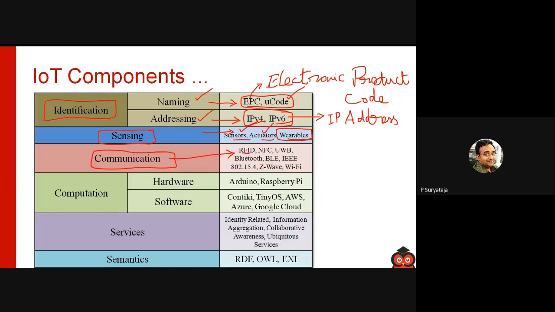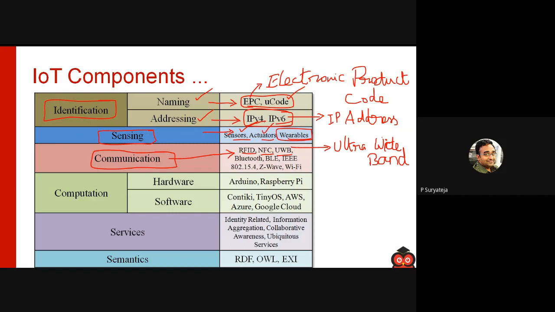We can use RFID or we can use NFC. NFC means near field communication. Or we can use UWB. UWB means ultra wideband. It's something like Wi-Fi, another kind of technology that works on radio frequencies.